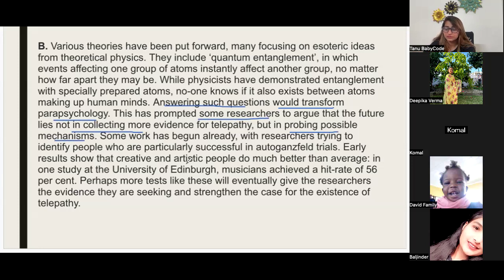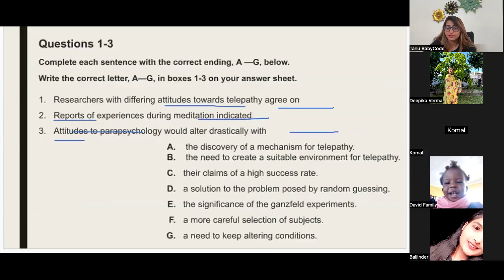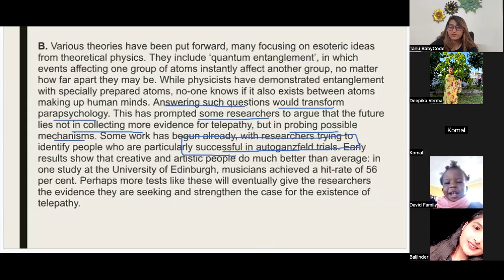Yes, everyone? They're looking for possible mechanisms. That means they're looking for the discovery of a mechanism for telepathy, right? Clear?